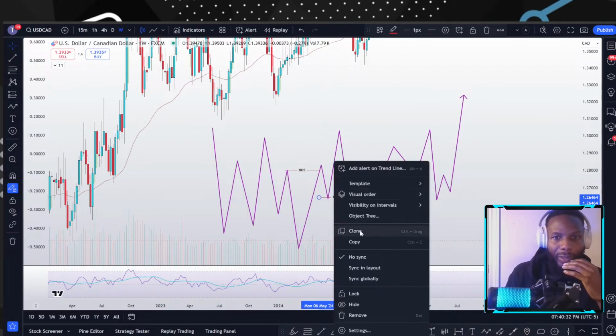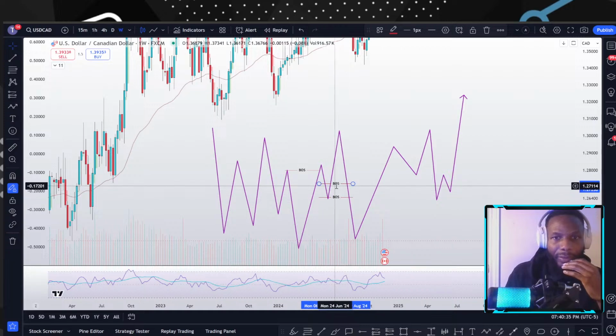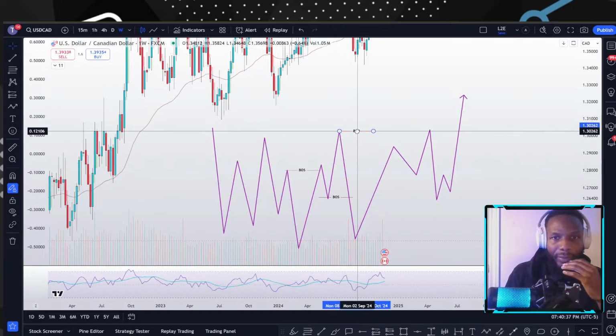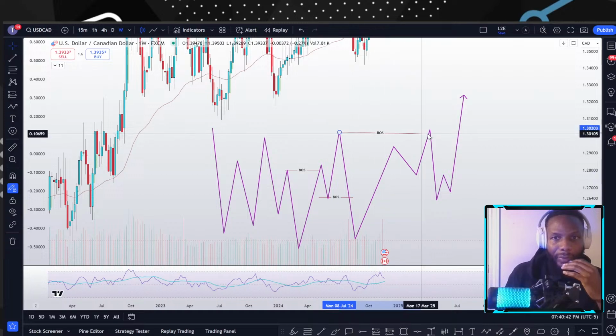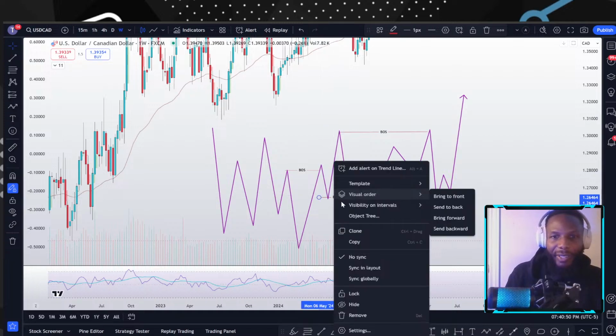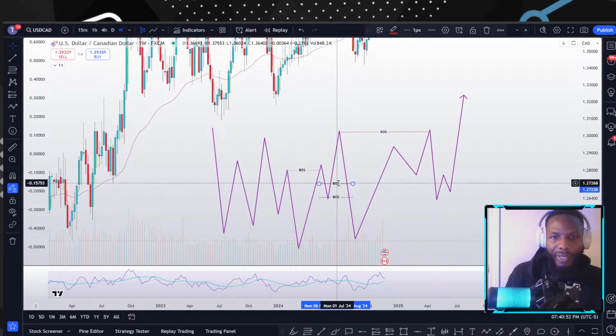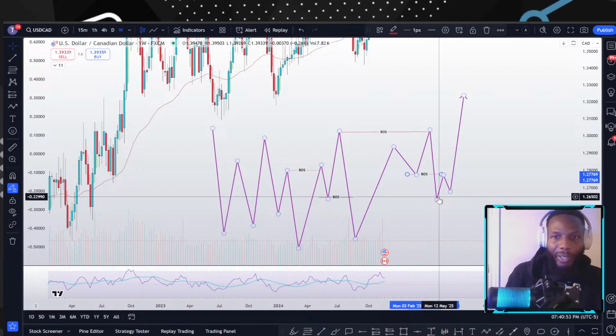I'm going to clone this again. Right, so say we broke it, we're bullish, but then right away when I clone it, we broke back below again, so it's bearish.